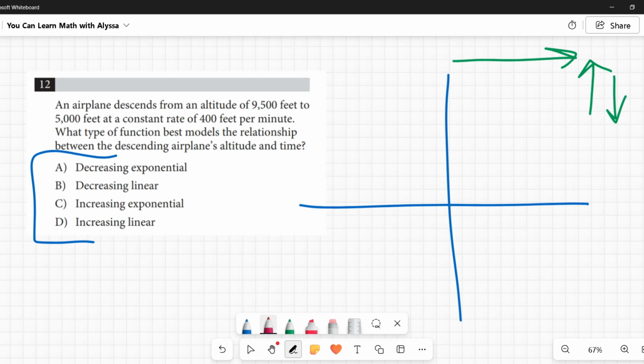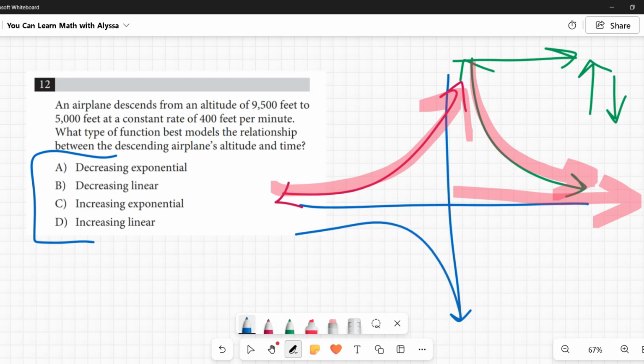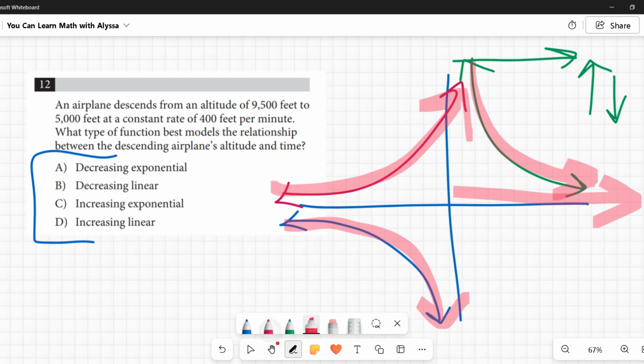So let's take our exponentials. If I have something like this going from left to right, it is going up. That's increasing. If it were like this, then as we go left to right, it's going down. If it was something like that, as we go left to right, that's going down.